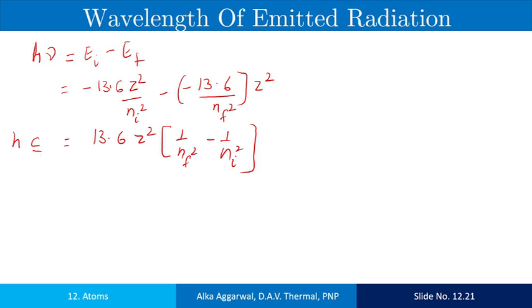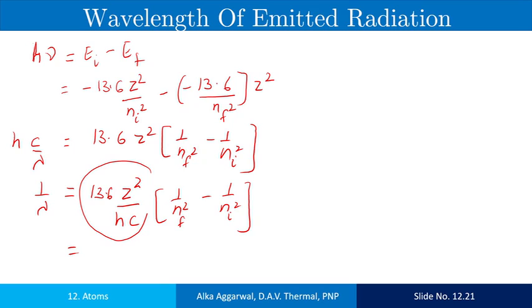Nu can be written as C upon lambda. So 1 upon lambda equals 13.6 Z square upon h into C, into 1 upon nf square minus 1 upon ni square.